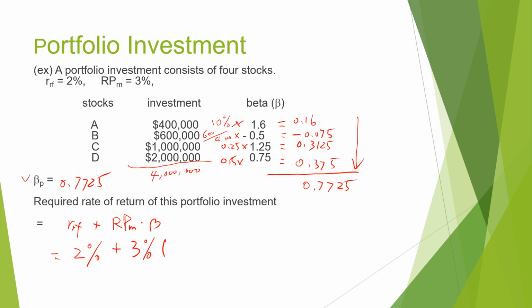Portfolio beta is 0.7725, right? That gives me 2% plus 0.03 times that, which is 0.0232. So this is 2.32%, right? So it is 4.32%.